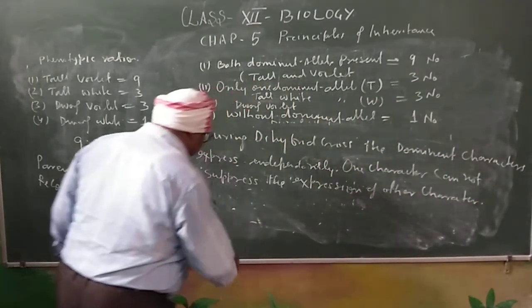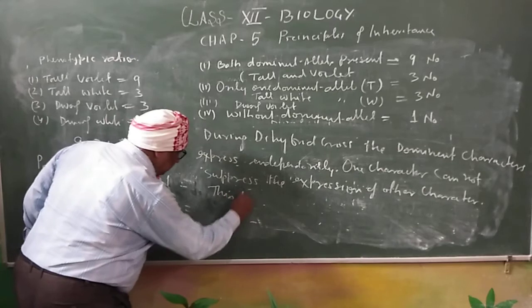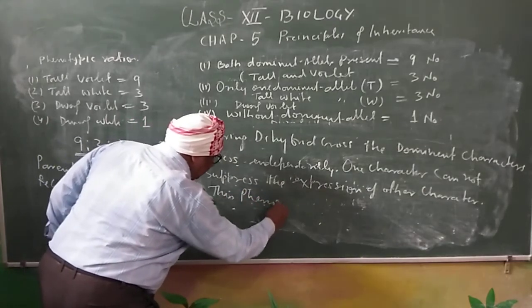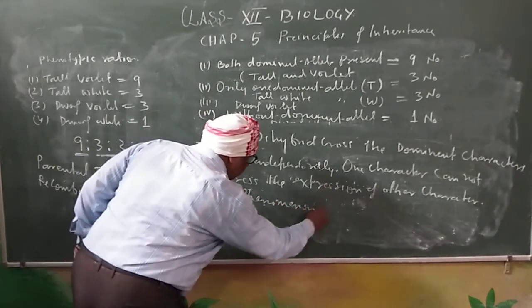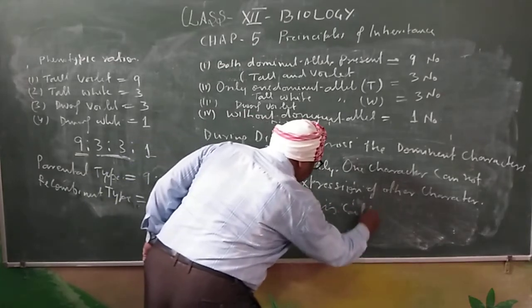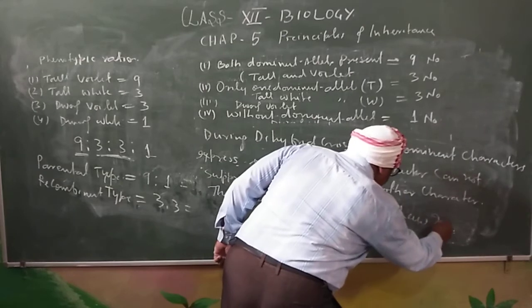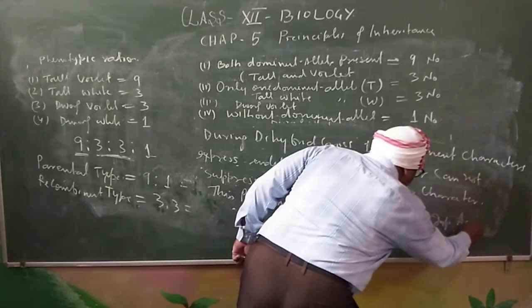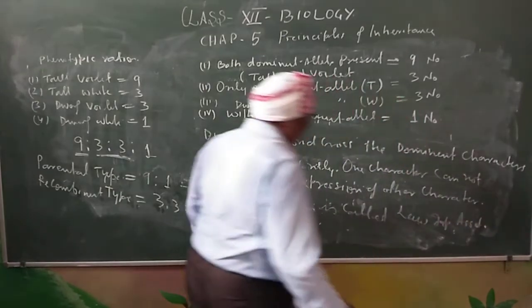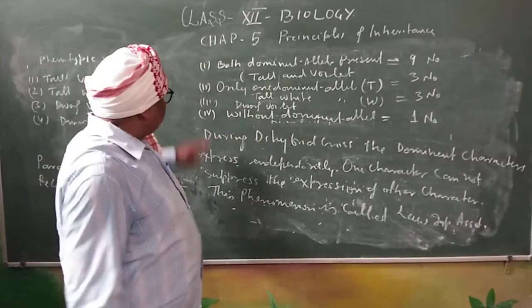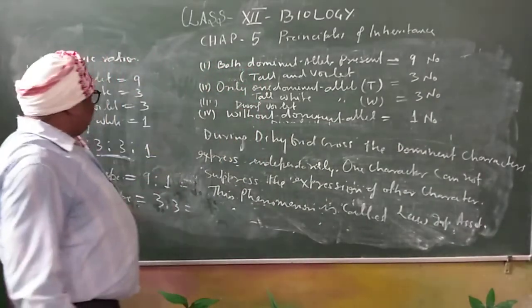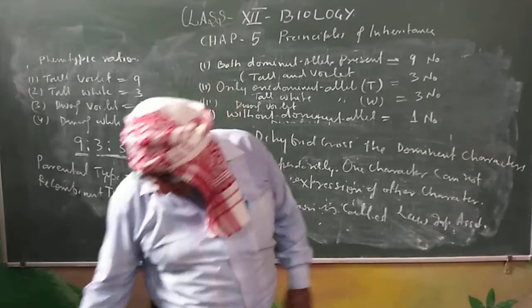This phenomenon is called law of independent assortment. Now, it is very clear from the diagram cross how the law of independent assortment is spread.